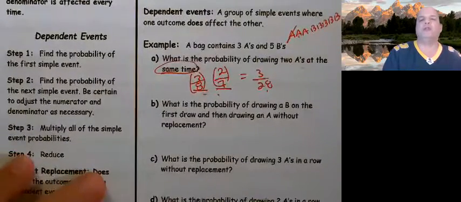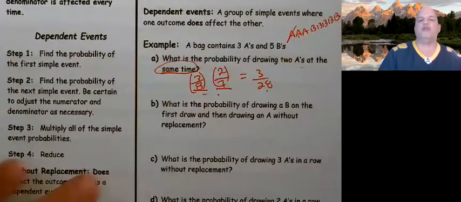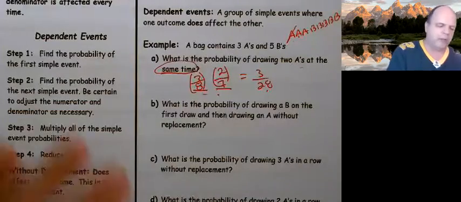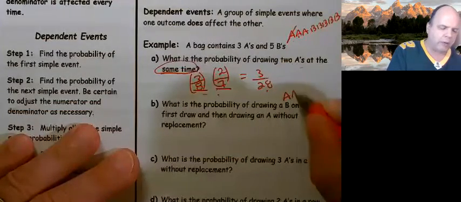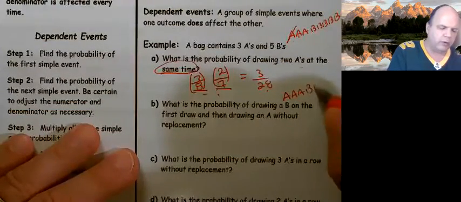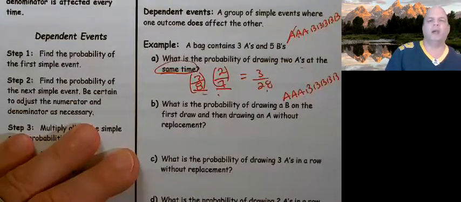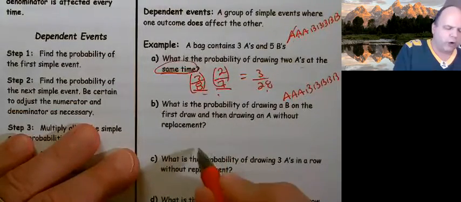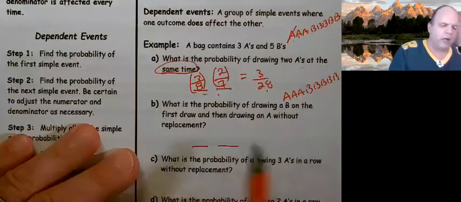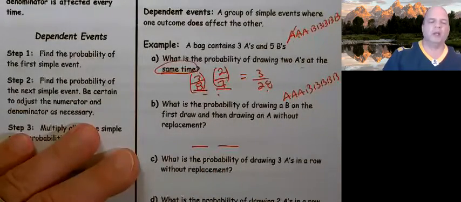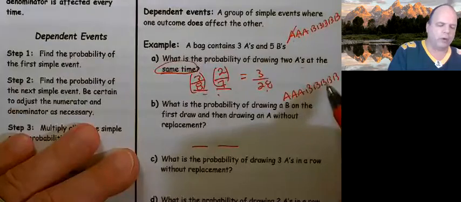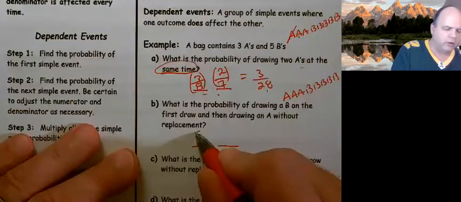What is the probability of drawing a B on the first and then drawing an A without replacement? So we're going to go back, and I'm going to recreate this. All right. So we're making 2 draws, and we're doing it without replacement. So the probability of drawing a B on the first one is 1, 2, 3, 4, 5 out of 8.